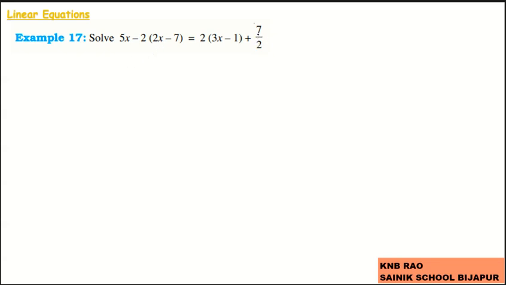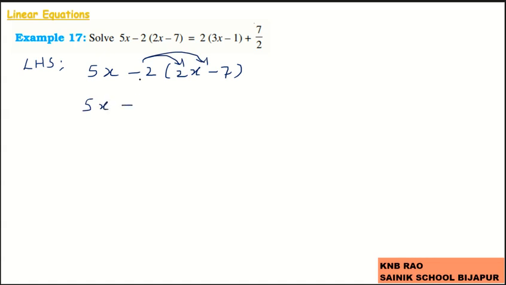Now, if you want to simplify this, we will do separately LHS, that is 5x minus 2 times of 2x minus 7. We will simplify further by removing bracket.